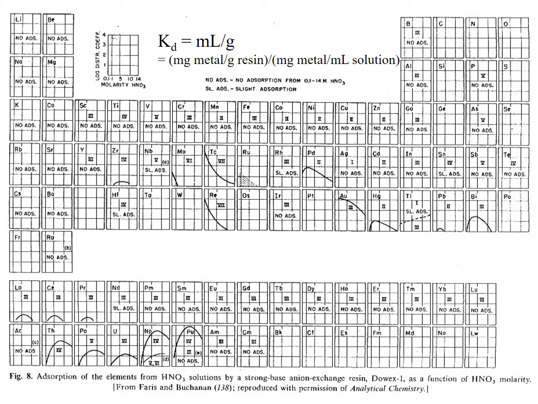And in this case, for the strong base anion exchange resin, we see that for a number of transition metals we do not form suitable anionic species with nitric acid, so there's no absorption. For trivalent lanthanides, we have little, and as we get to the heavier lanthanides, we see no absorption.